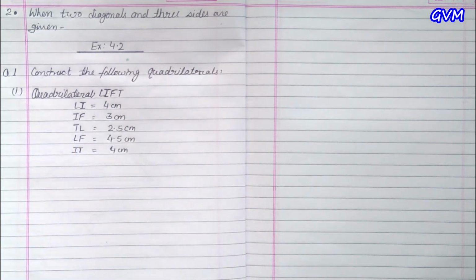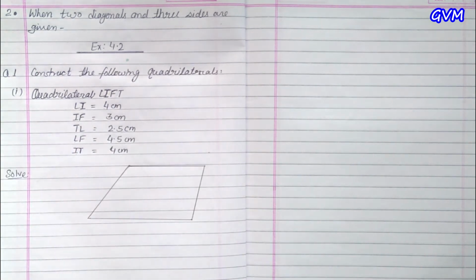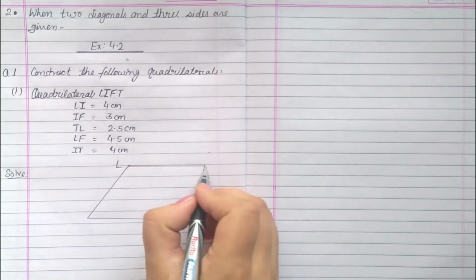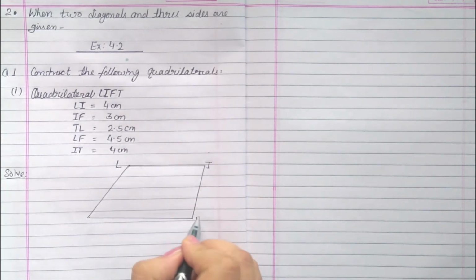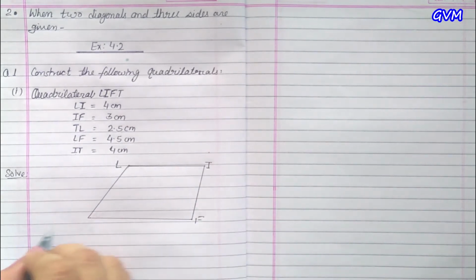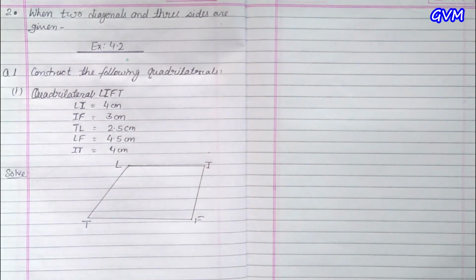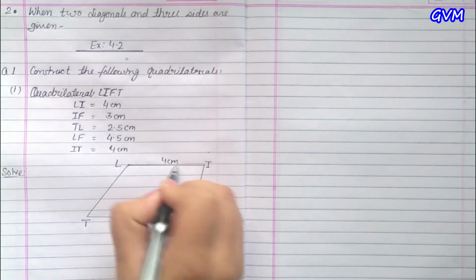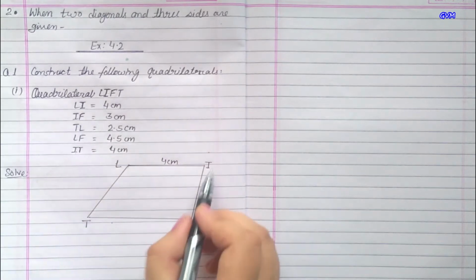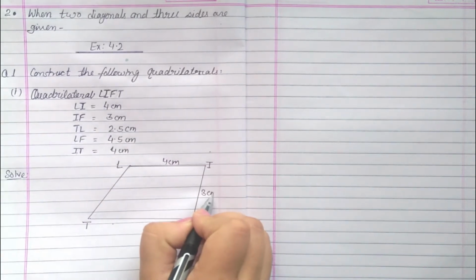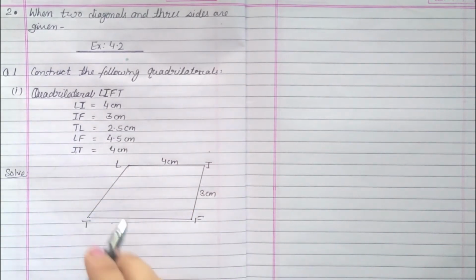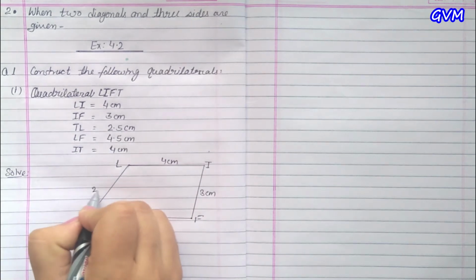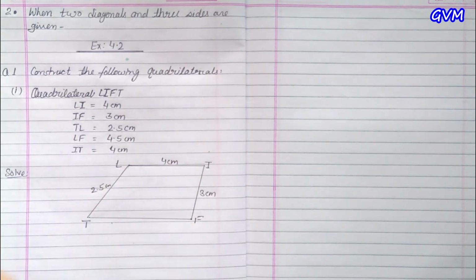First draw a rough quadrilateral. Let's say this is the quadrilateral and name it LIF and this is T. Now LI is 4 centimeter. IF is 3 centimeter. TL is 2.5 centimeter.